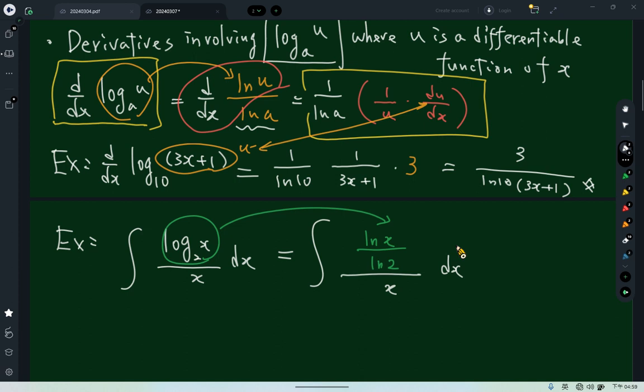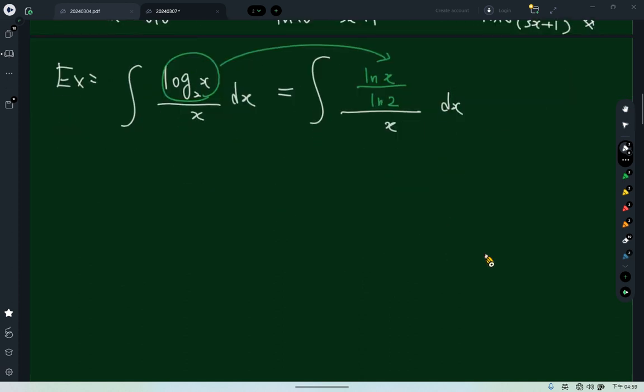Okay, so you can see 1 over ln 2 is a constant, so we can just move it out of the integral, right? Only ln x over x will be left, right? So it will become 1 over ln 2 integral ln x over x dx.